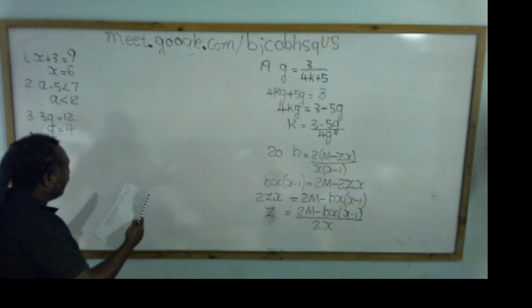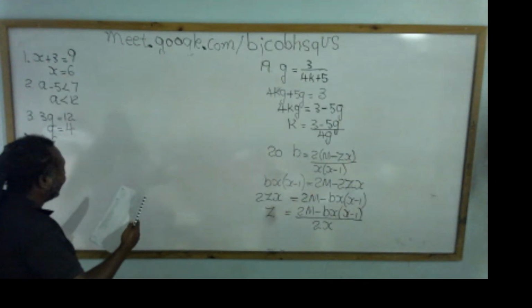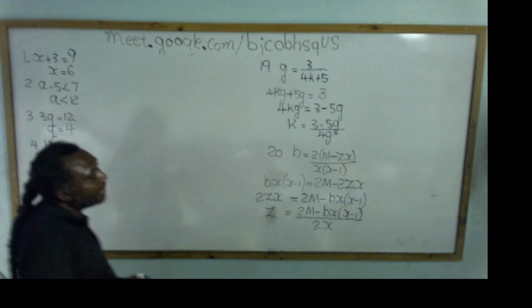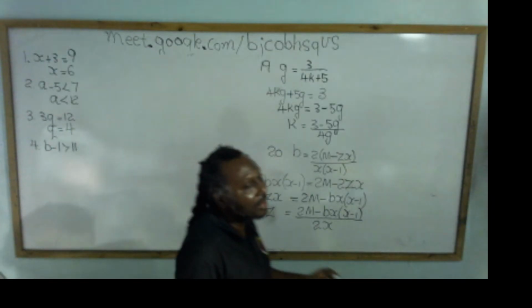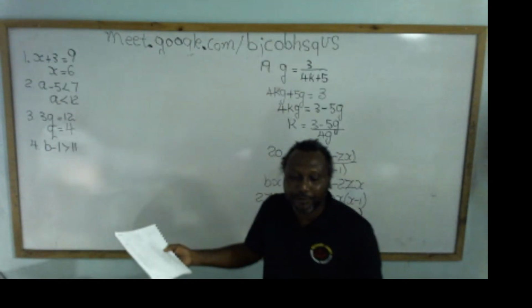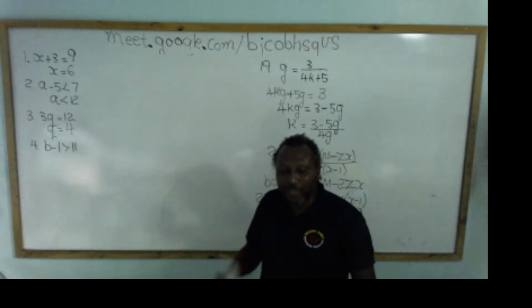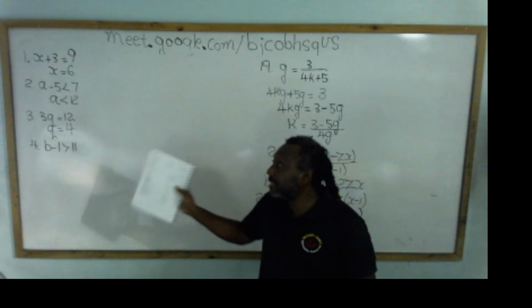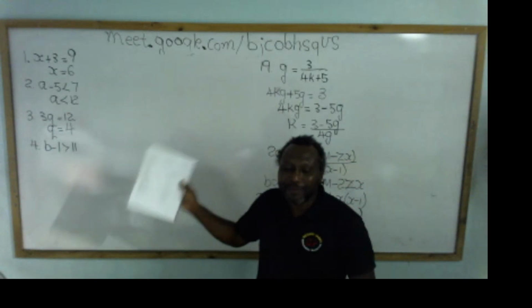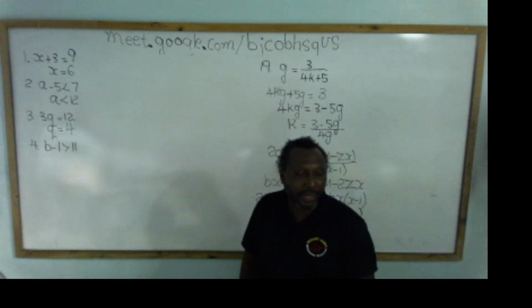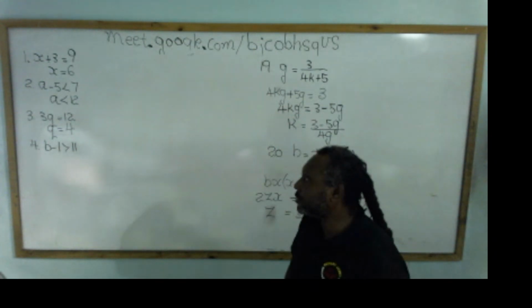B minus 1 is greater than 11. Students, notice that we are solving inequalities also, and we are not making any big difference with the transposition. As a matter of fact, there is no difference with the transposition. If an exceptional case comes up, then I will make the exception. But let's go straight ahead. B minus 1 is greater than 11.